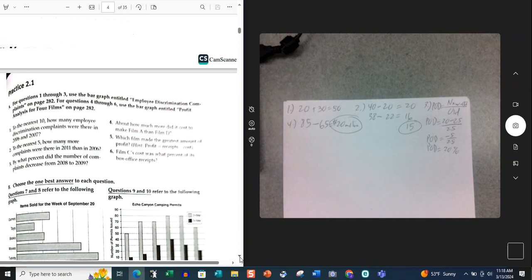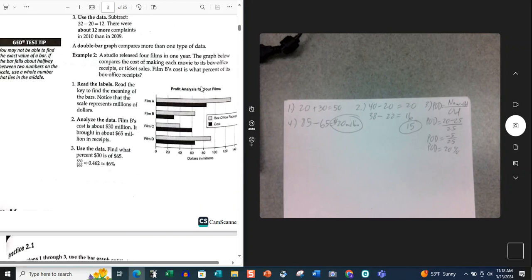Okay, now number 5. Which film made the greatest amount of profit? Profit equals receipt minus cost. Now what we could do here, if you look at the bar graph, because this is all in millions of dollars, you could look at which one had the biggest disparity between the box office receipt, which would need to be longer, minus the actual cost.